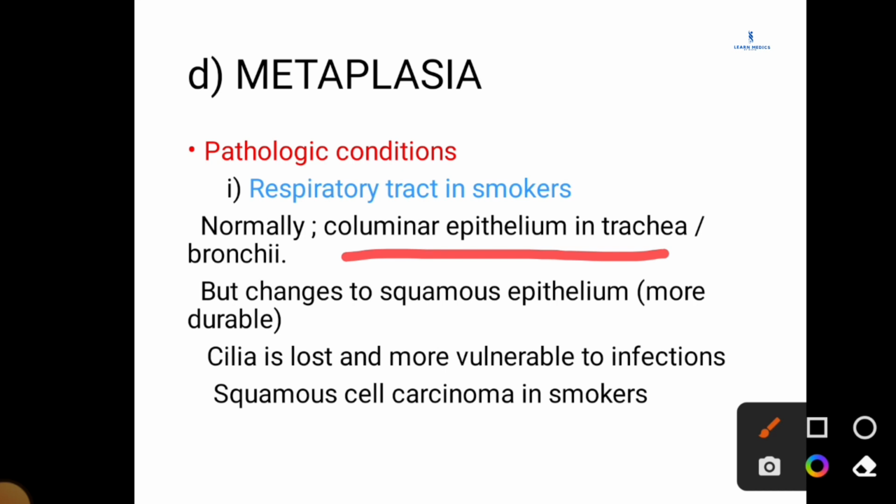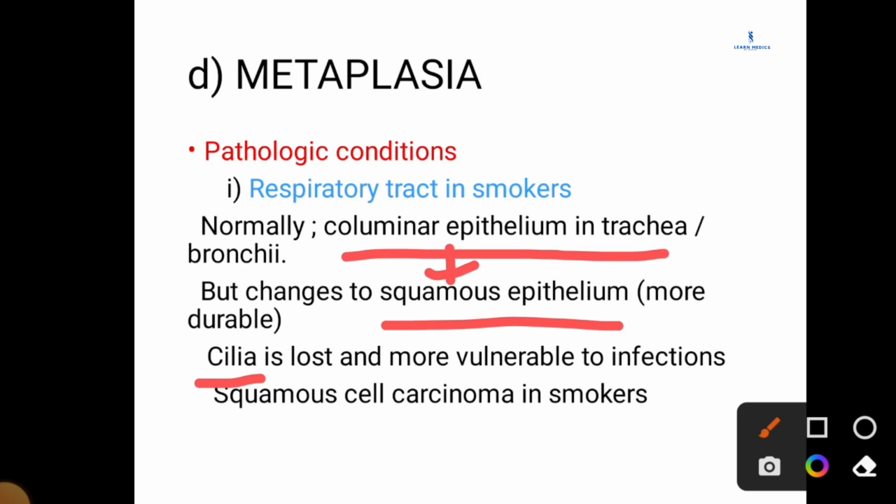But due to smoking, the columnar epithelium changes to squamous epithelium, which is more durable than columnar epithelium. But in squamous epithelium the cilia are absent and it is more vulnerable to infections, and squamous cell carcinoma in smokers may occur.